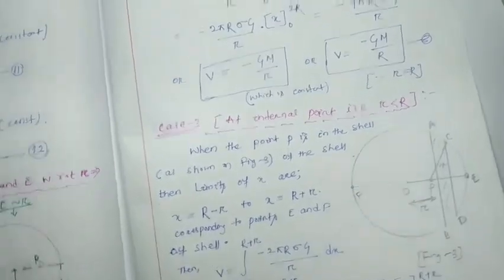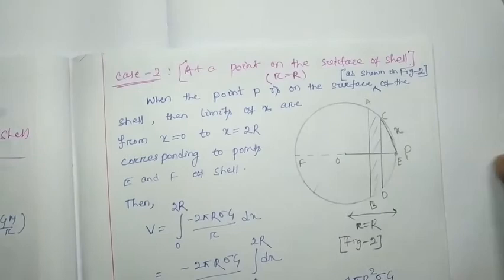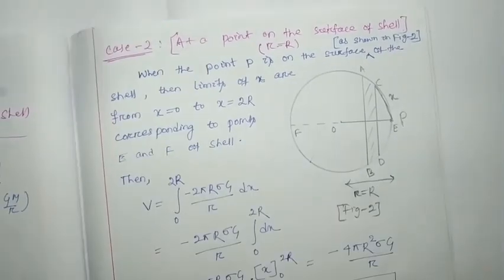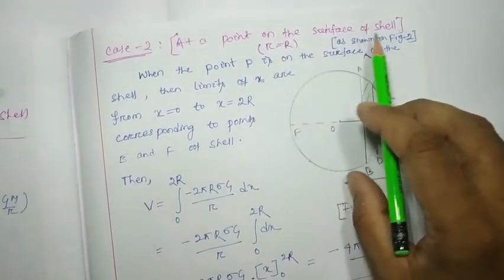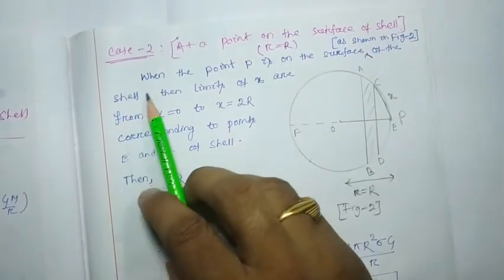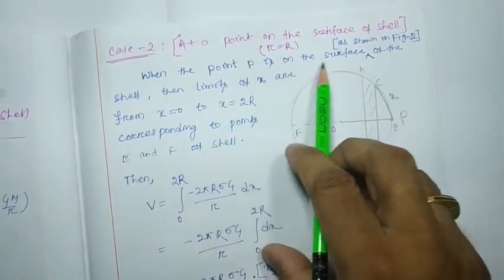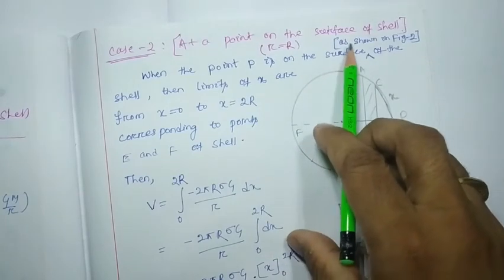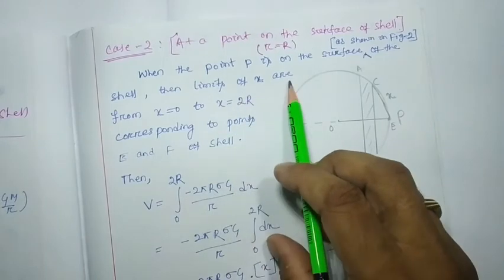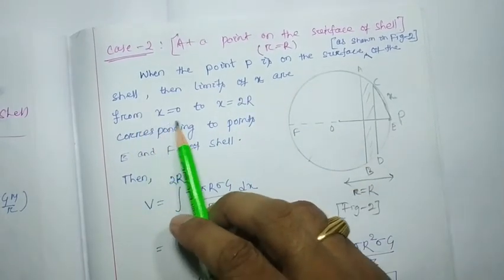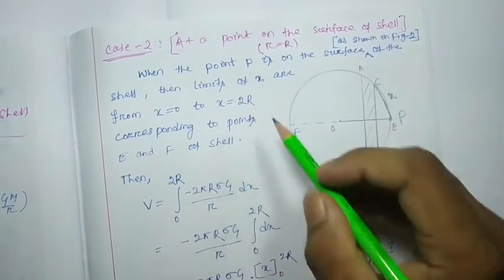Now we have to go for the point on the surface of the shell. When the point P is on the surface, as shown in figure 2, the limits of x are from x equal to 0 to x equal to 2R. How is it? This is important.